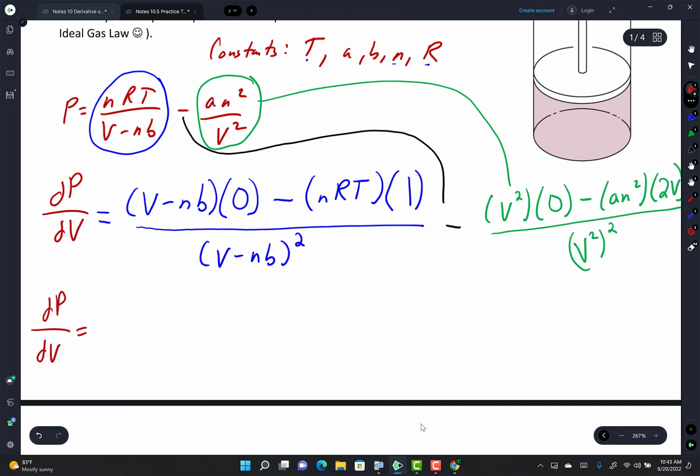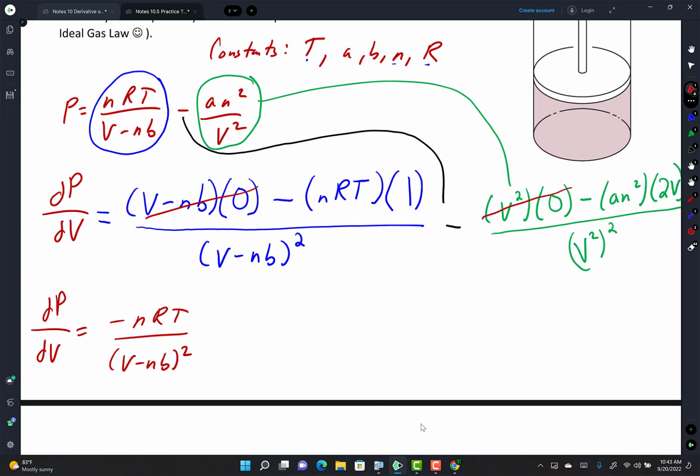So I'm going to just write everything in red now. dP/dV equals, that zeros out, and it looks like I have negative nRT over V minus nb squared. And let's see, what do I have over here? That zeros out, and a negative times a negative is a positive. So plus 2V an squared over V to the 4th.